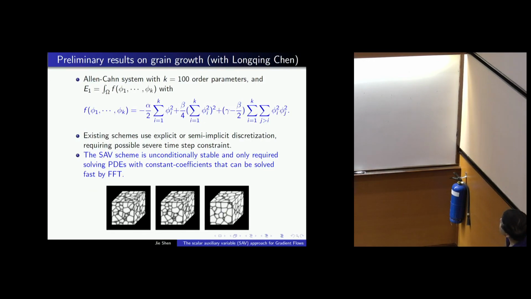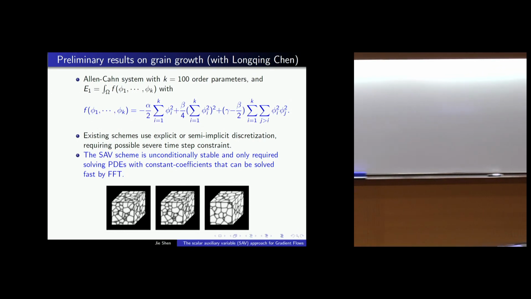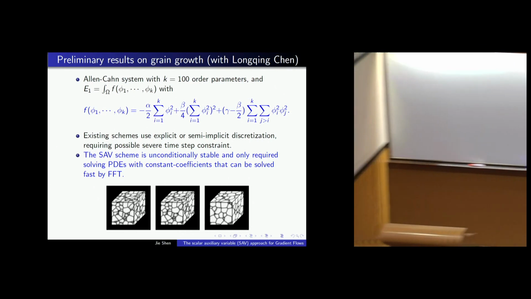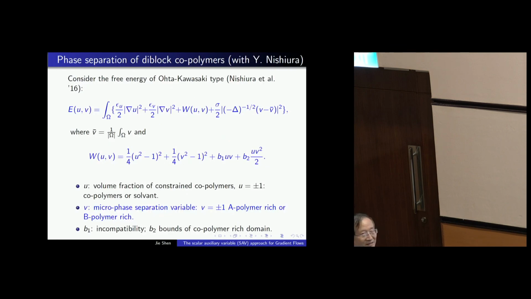And so here's just, I did this with my longtime collaborator, Longqing Chen at Penn State. He's interested in doing this with many components. And here's an example of grain growth with 100 components. And you can solve it very, very fast.